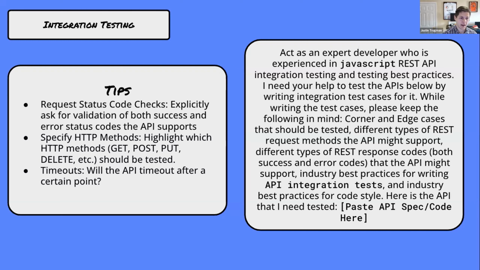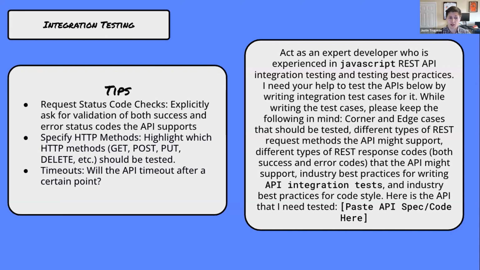It's very good at mocking those out, as well as writing that test code. It's also helpful to specify what the HTTP method is. This is obviously in the application code itself, but giving it more context about that is helpful, especially if the same API endpoint supports multiple HTTP methods, as well as timeouts.